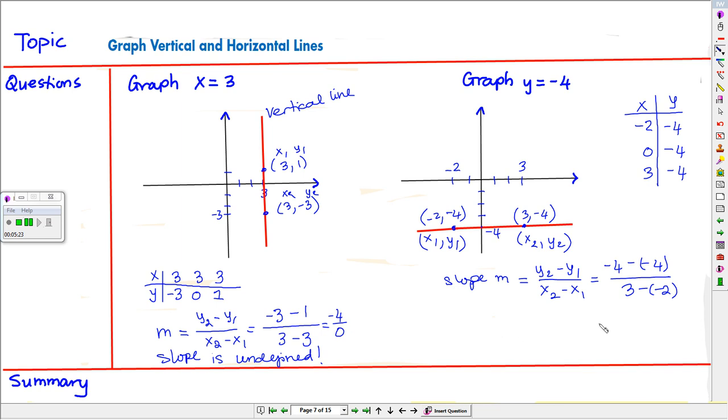So now we are going to simplify, so that will give us negative 4 plus 4 over 3 plus 2, which is 0 over 5. Simplifying this fraction gives us 0. So we can conclude that the slope of the horizontal line is 0, because this is a horizontal line.